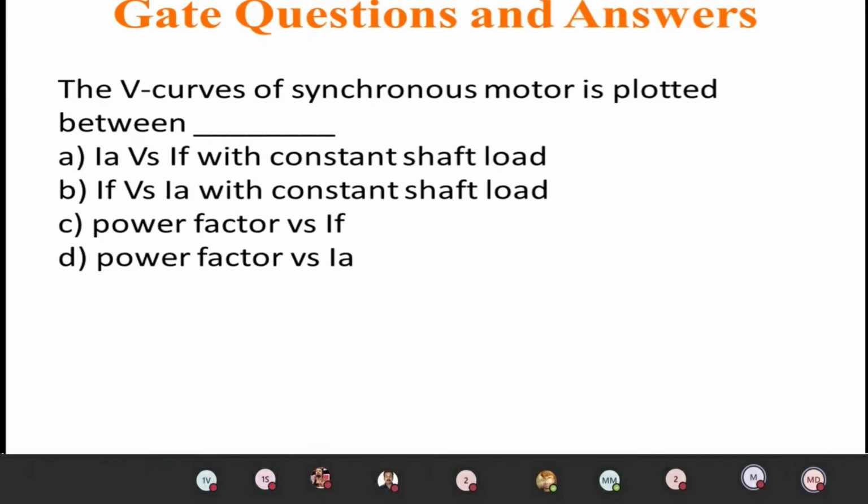So let me take Ia is equal to P divided by V into cos phi. When cos phi is equal to 1, the current is minimum. Whether it is a lagging or leading power factor, the values 0.8, 0.7, 0.6, 0.5, 0.4, 0.2 and 0.1 will reduce the denominator value.